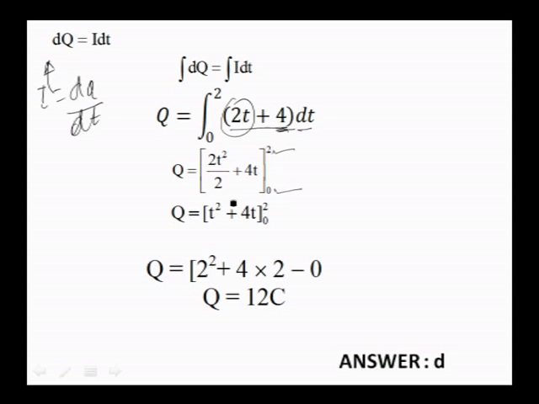If you apply the limits, here 2 and 2 get cancelled, it is t square plus 4t, from 0 to 2, upper limit, lower limit. First the upper limit, 2 square is 4 and 2 fours are 8. We get 4 plus 8 which is equivalent to 12 coulomb. Therefore, the correct answer for this question is D.